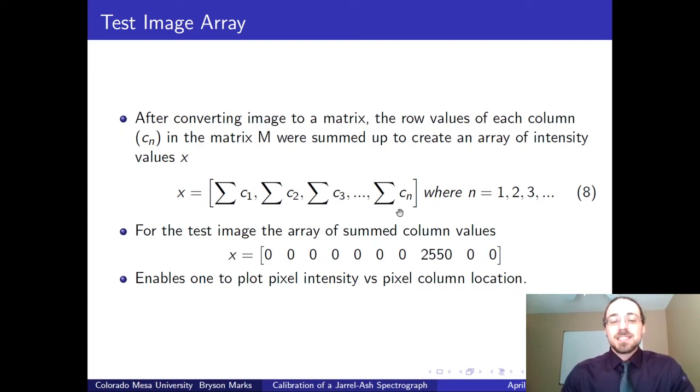For the test 10 by 10 image, we arrived at this array, where our array entries 1 through 7 are 0, but our 8th entry is a value of 2,550. This is great because this lets us know that we can plot the pixel column intensity versus the pixel column location.